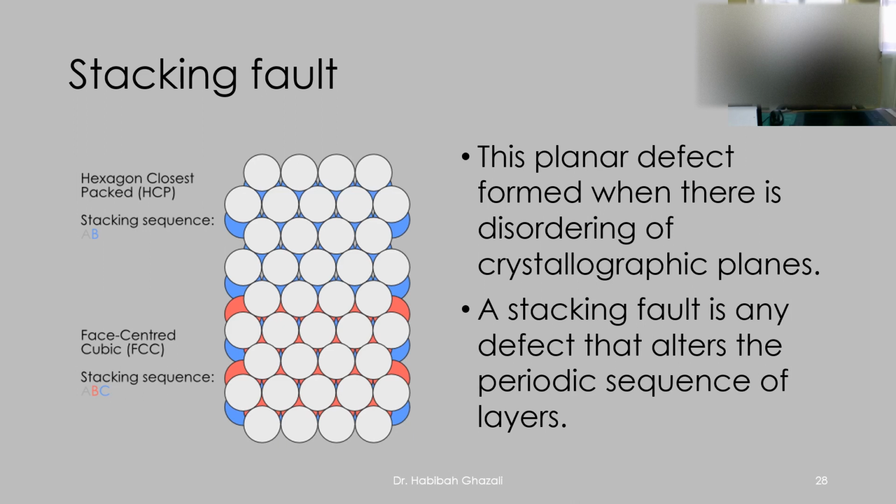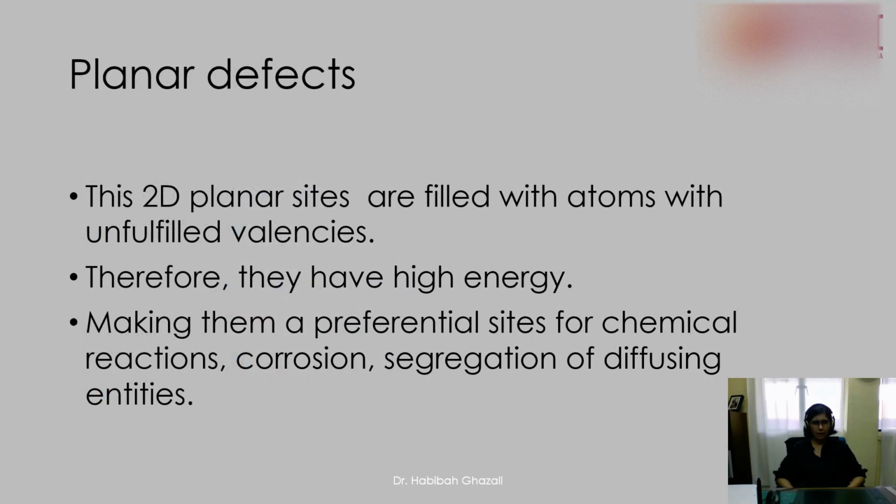So instead of having A, B, A, B, A, B for HCP, we suddenly have A, B, C, A, B, A, B, A, B. The region where that stacking fault happens is a planar defect. Basically, these regions of planar defects, where two phases meet each other, or a stacking fault happens, or a grain boundary happens, are filled with atoms with unfulfilled valency, making them have a very high energy.